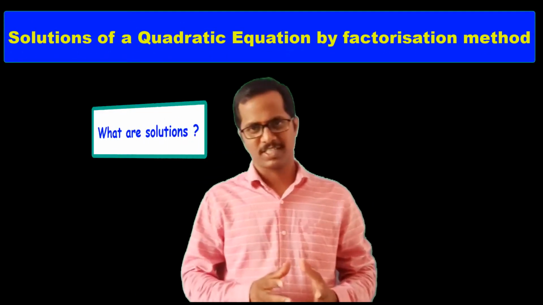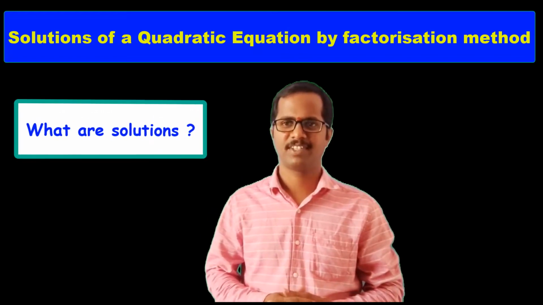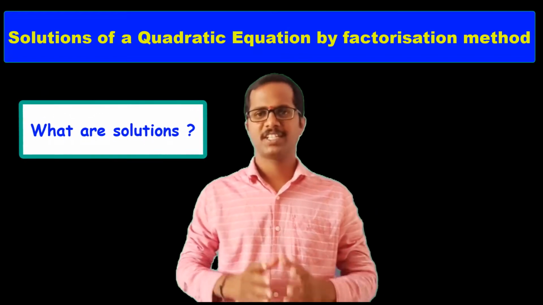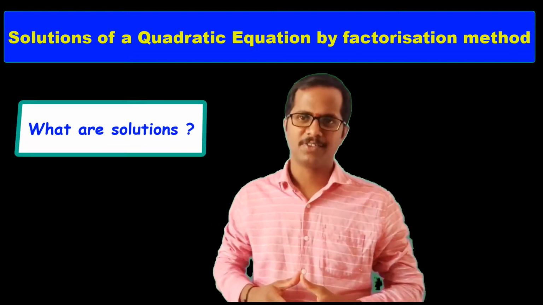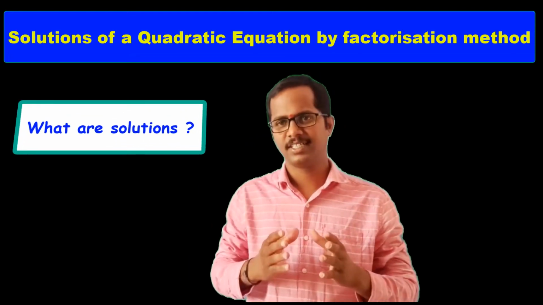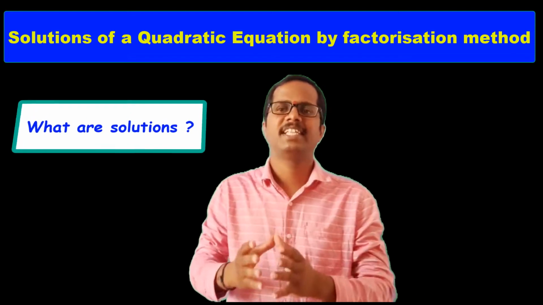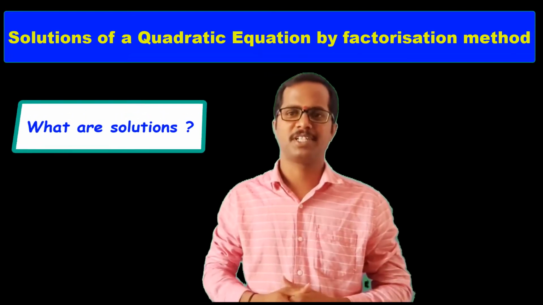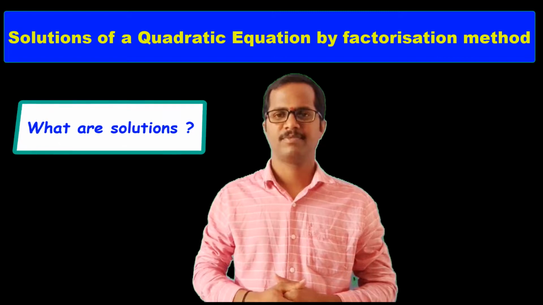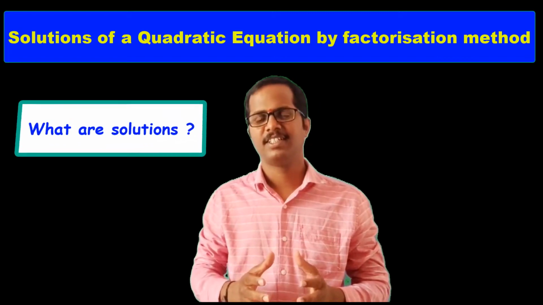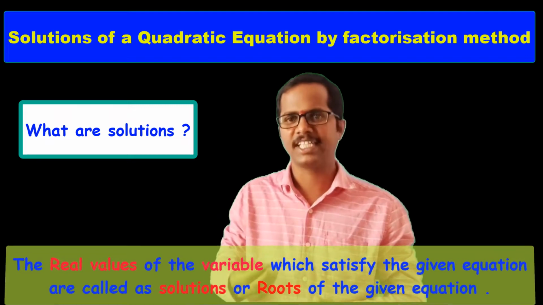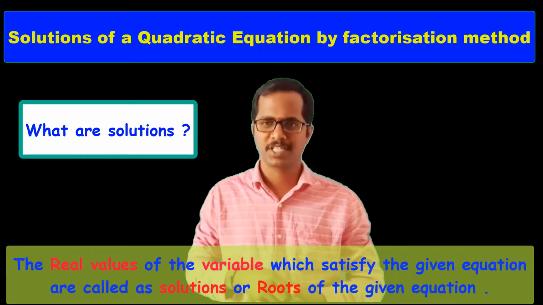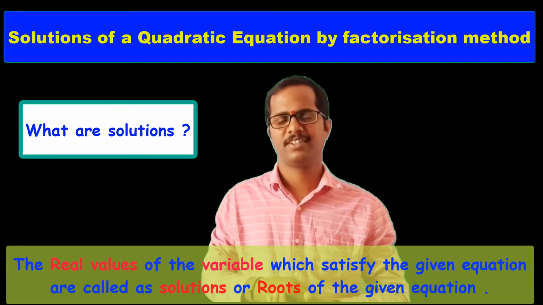So what are solutions of a quadratic equation? Solutions of a quadratic equation are nothing but the real values that satisfy the given equation when they are substituted in the place of the variable.